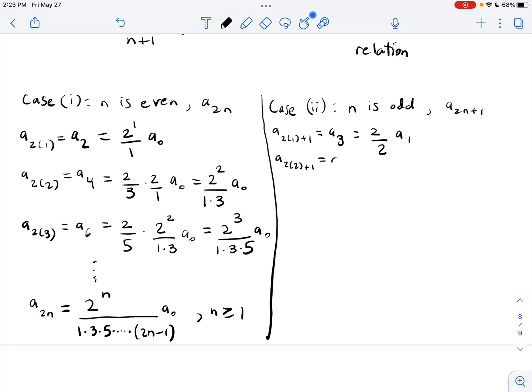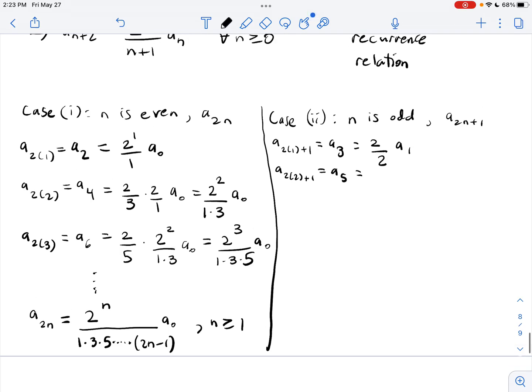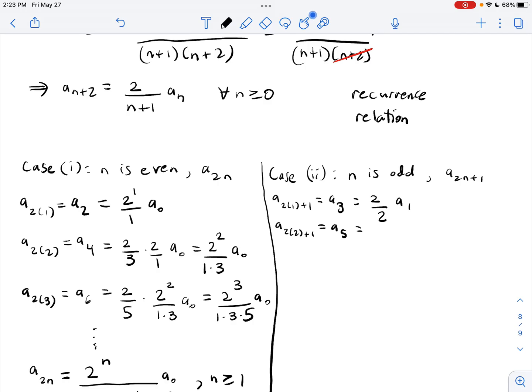A sub 5, if you plug it into the recurrence relation up here, it's going to be 2 over 4 times 2 over 2 a1, which is 2 squared over 2 times 4, a1.